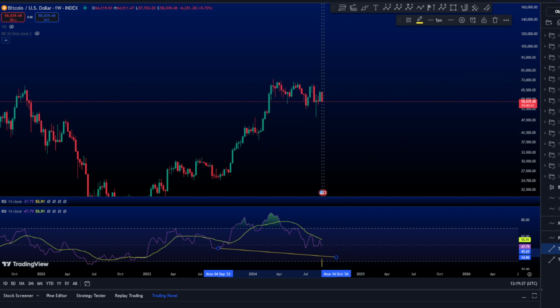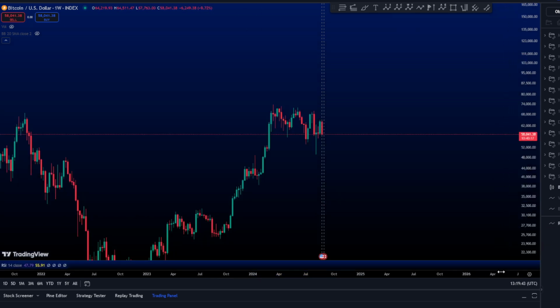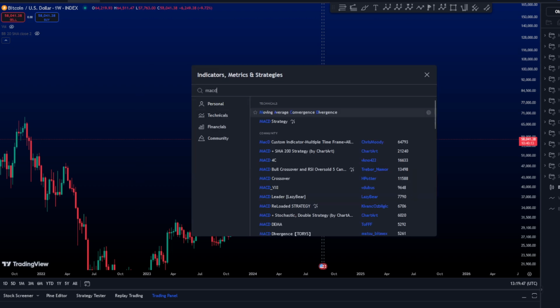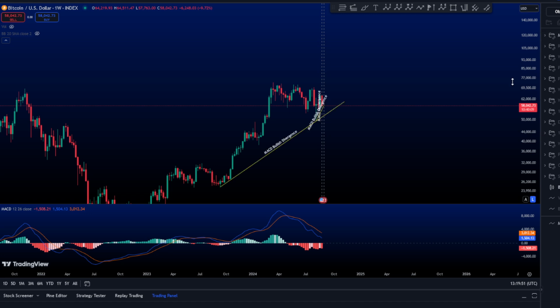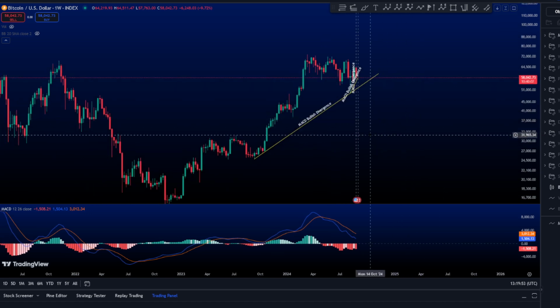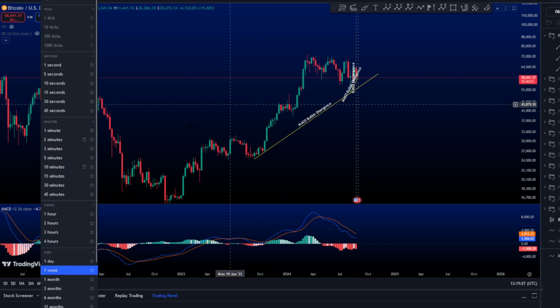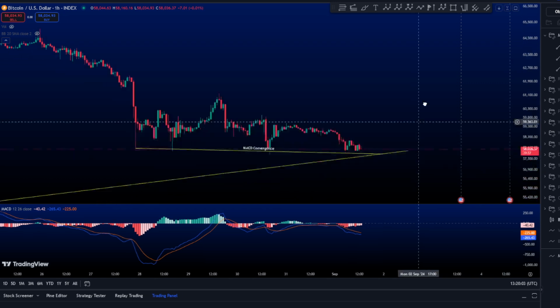If we go to the MACD now, let's see the MACD. I'm gonna delete the RSI and MACD here. We can see also several signals that I'm gonna share with you. Before I come back to the weekly, because it's almost the same signal on the weekly, which is perfect actually to see.